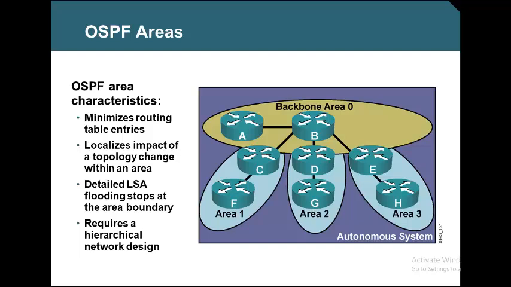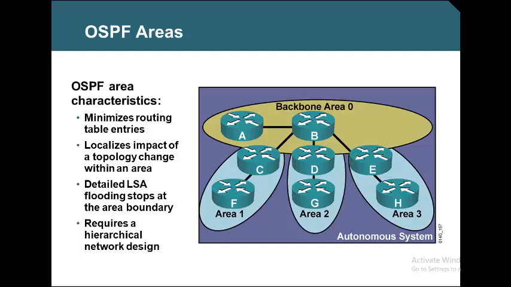The detailed LSA flooding stops at the area boundary. So this two-tier architecture, the hierarchical design, is good. Only with the help of this, we get the boundaries. Only when you have boundaries, we will have a summarization point.